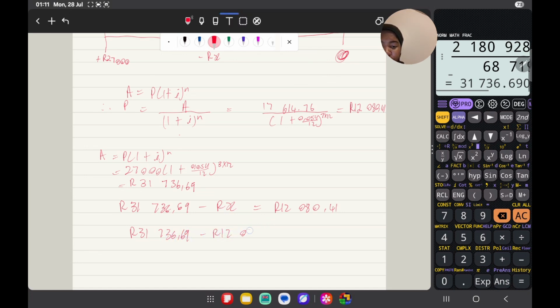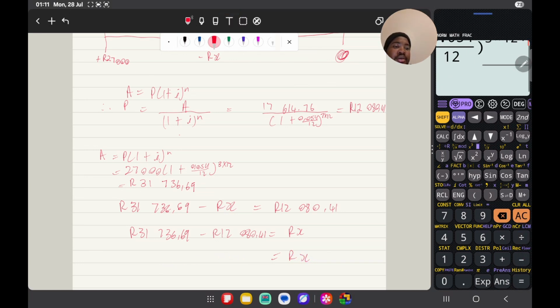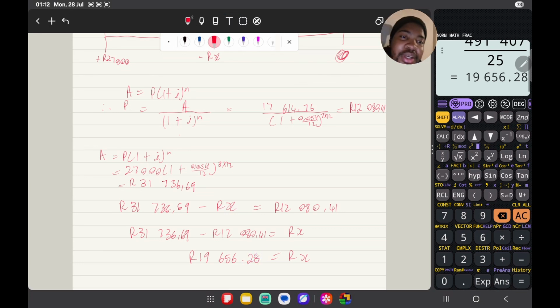So now the math is going to be 31,736.69 minus 12,080.41 equals Rx, saying that Rx will be 19,656.28. Cool. So what is this saying about our guy?